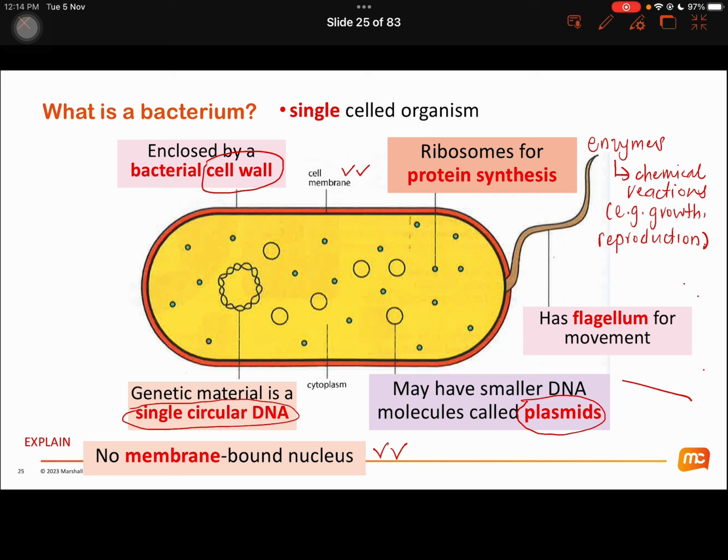So this is the bacterial cell for you. You are expected to be able to compare the different cells, bacteria, plant, and animal cells to identify the similarities or differences.